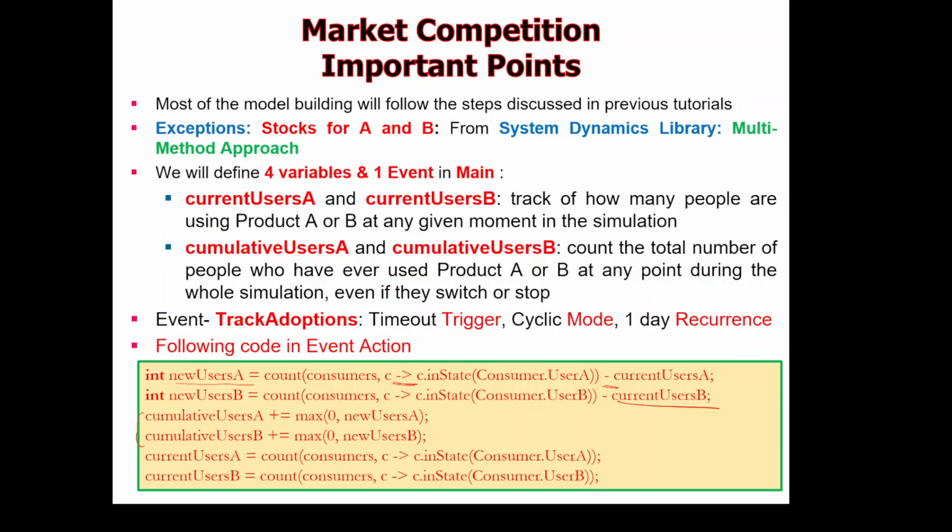We are doing the same thing with B as well here, and just trying to create an analogy here, that it is like, the current user is who is shopping right now. If you compare it to a supermarket, current user is who is shopping now. Cumulative users is a total who have ever visited, and this code tracks daily new shoppers.